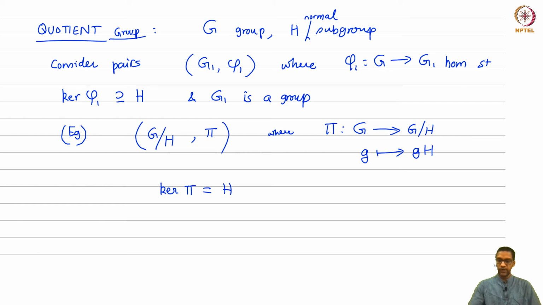Now the point that I want to make in this setting is that this particular pair is also a universal object, in the following sense. If you consider all such pairs (G1, phi 1), then the following is true.